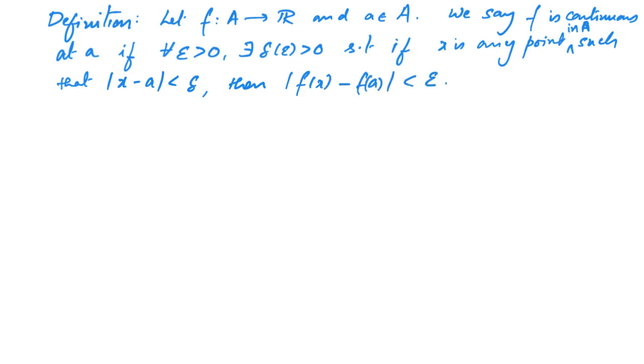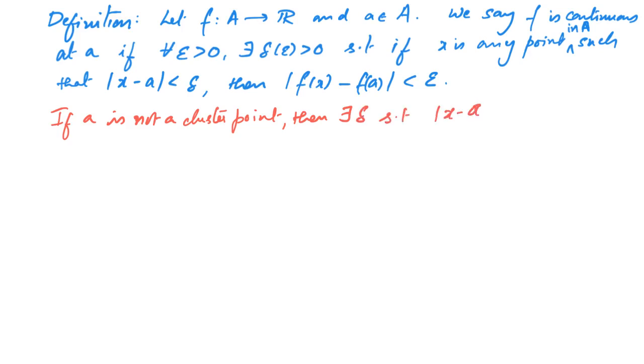is less than epsilon. Notice that we have combined the two conditions, that either a is not a cluster point, or if a is a cluster point, then limit x tends to a of f of x is equal to f of a, into one statement. Let us see how this is being done. If a is not a cluster point, then there exists delta such that mod of x minus a is less than delta if and only if x is equal to a.